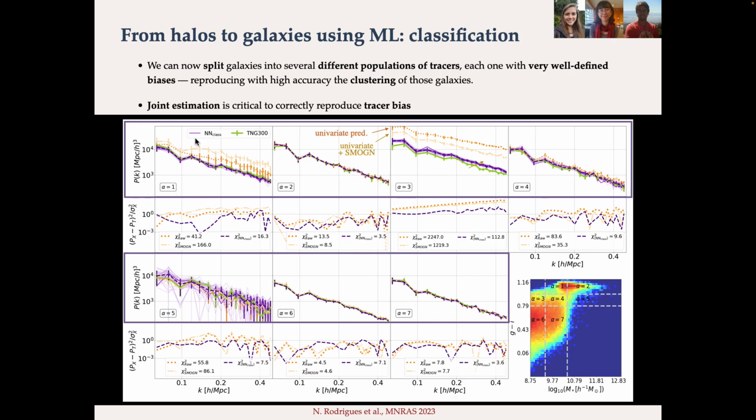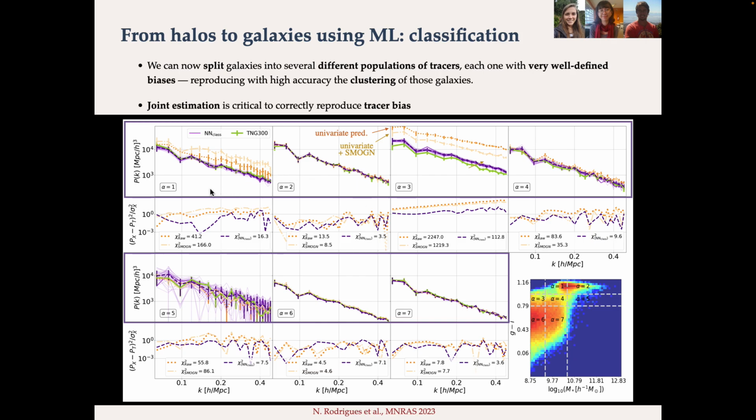Basically in purple, you can see our prediction, and in the orange dotted and light orange dot-dash lines, you can see the univariate predictions, which are very bad. So this shows clearly, and these plots here also for the other populations, that predicting galaxy properties individually without taking care of their correlations with the other properties leads to bad predictions for our tracers.